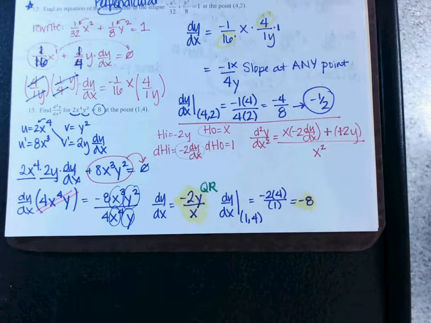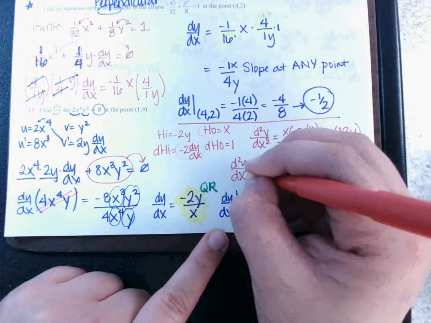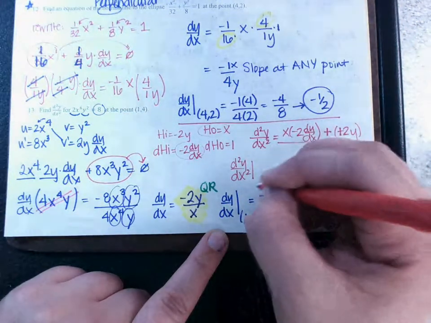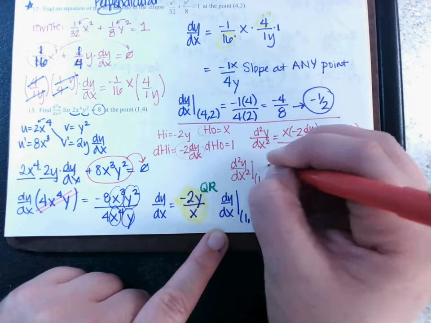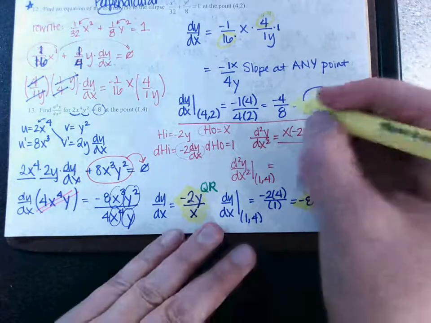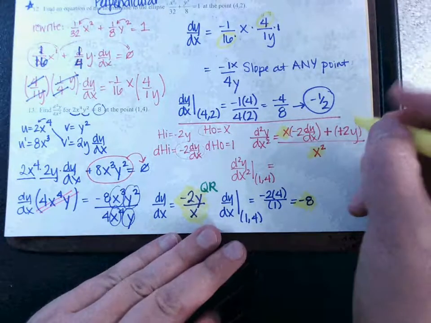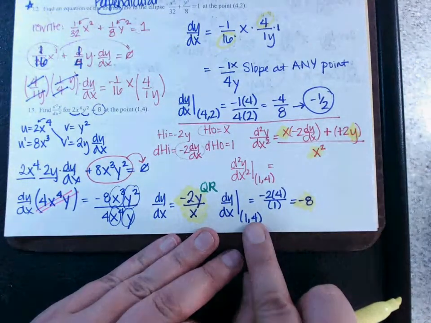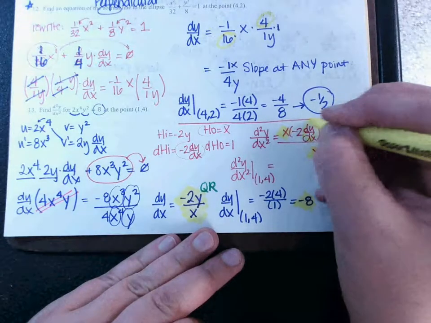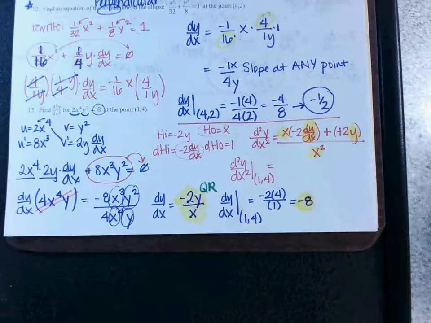So then now I want dy dx, or the second derivative, at 1, 4. So remember, there are three things I'm plugging in here. My x is going to be 1, my y is going to be a 4, and my dy dx is going to be the negative 8. Okay, hopefully that makes sense.